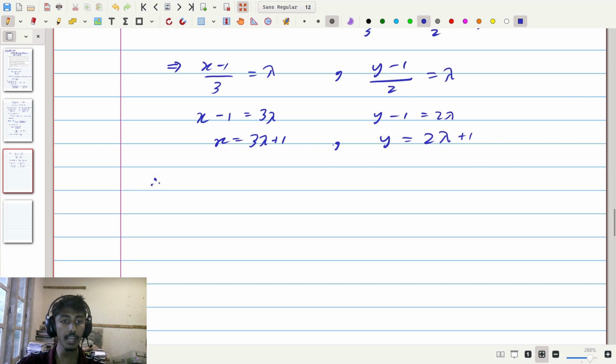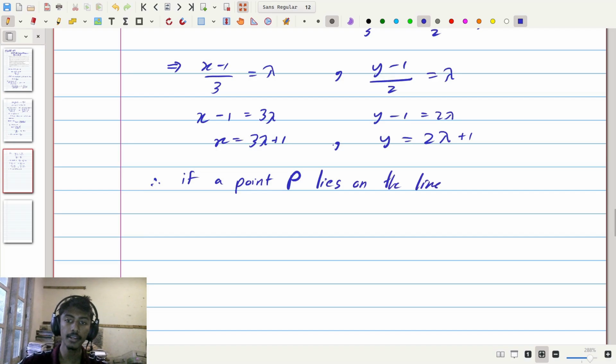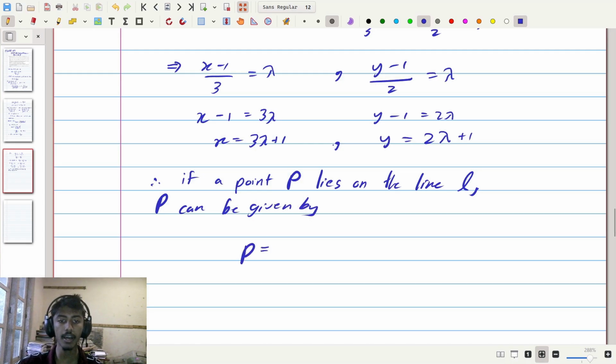So now we can say, therefore, if a point P lies on the line L, P can be given by these two coordinates: instead of x, 3 lambda + 1, and instead of y, 2 lambda + 1.